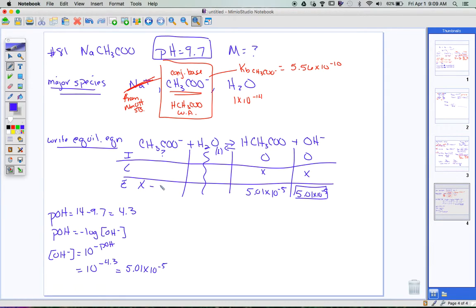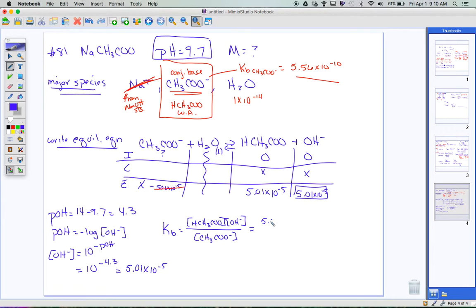And this is really minus the 5.01 times 10 to the minus fifth, but we always assume that K is so small, which it is a very small K, that this isn't really going to affect it. So our Kb expression is the concentration of acetic acid times hydroxide over the acetate ion.